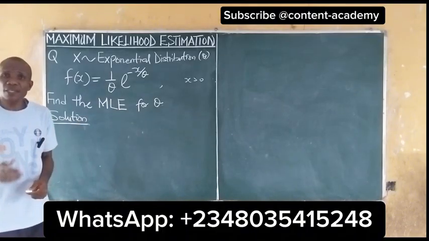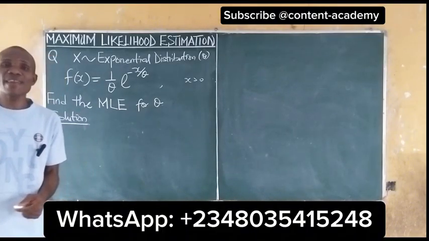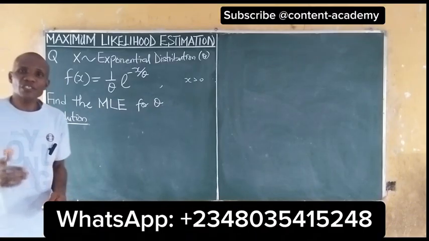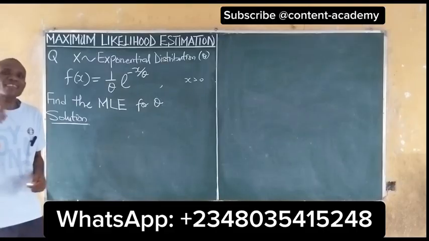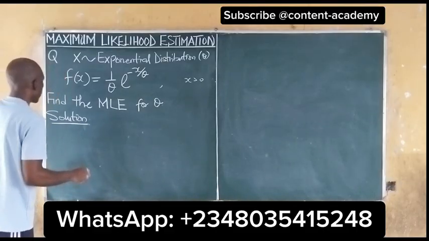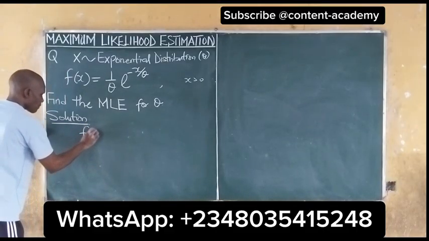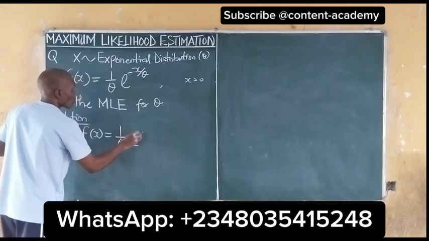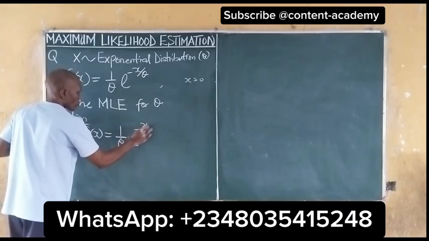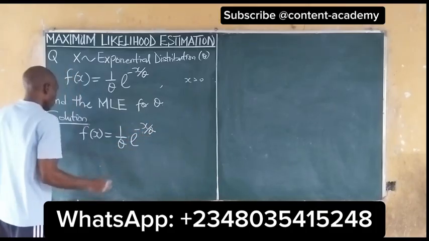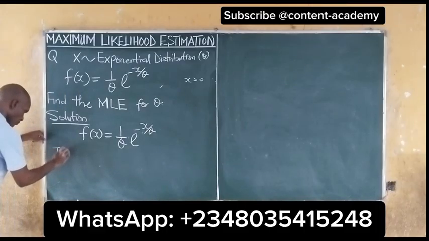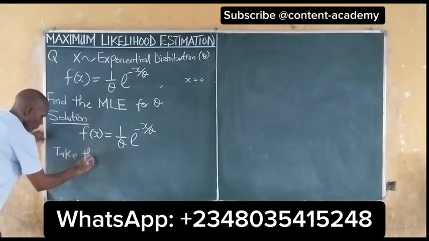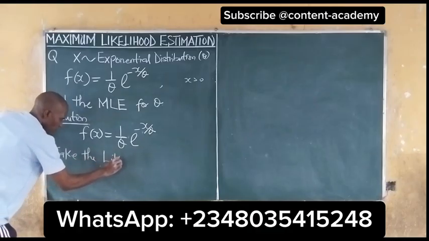Like we said, to obtain the maximum likelihood estimator for any given distribution, the first thing to do is to find the likelihood function. So if this is our PDF, we first take the likelihood function.